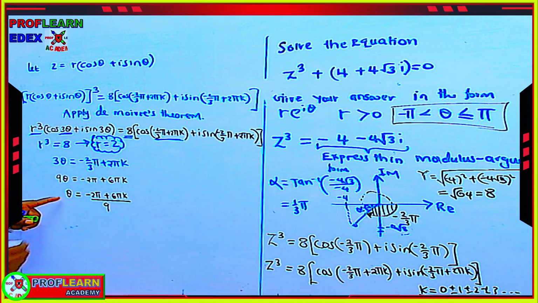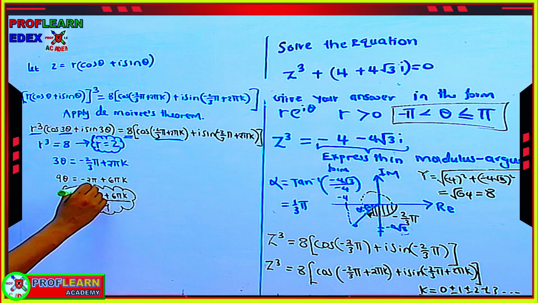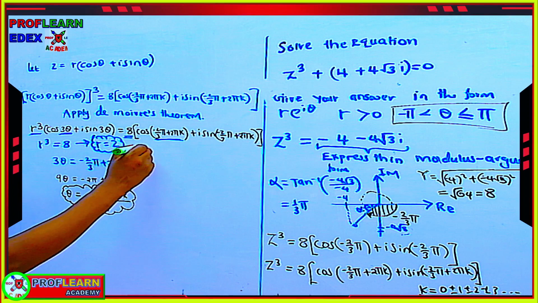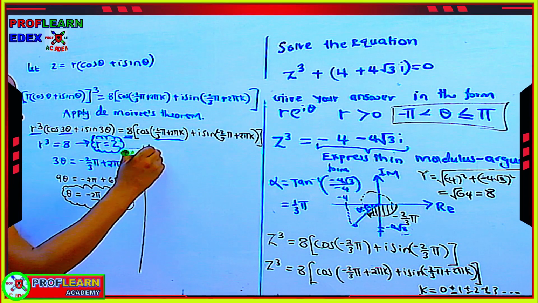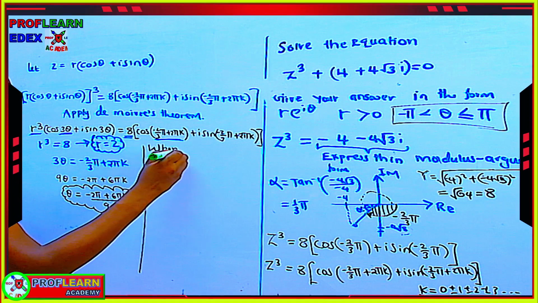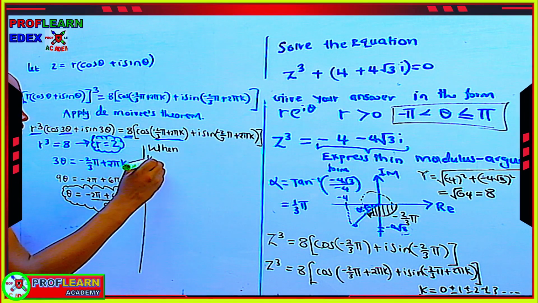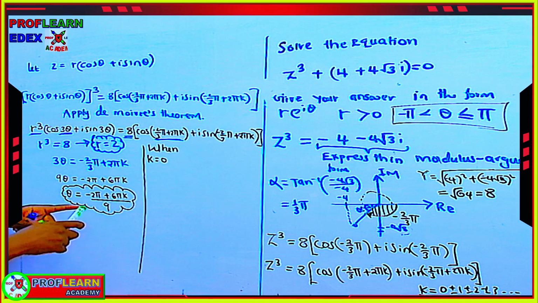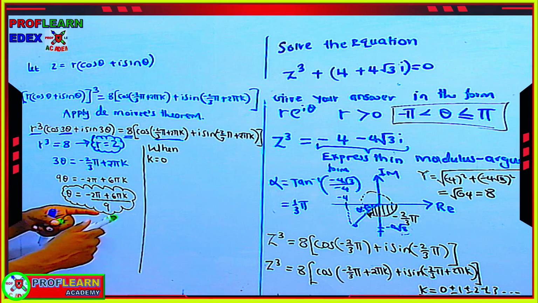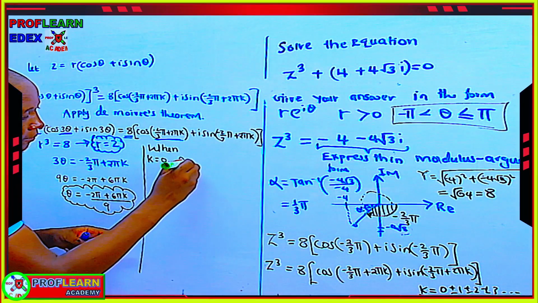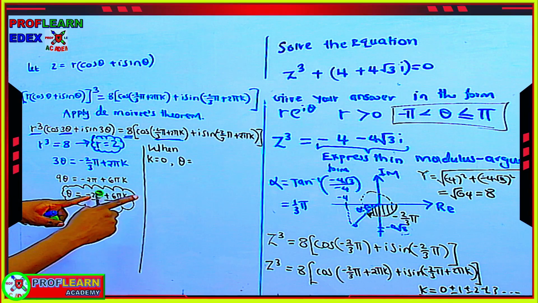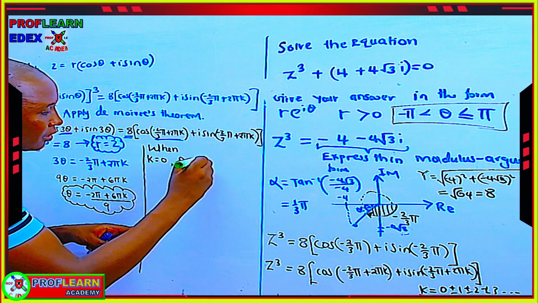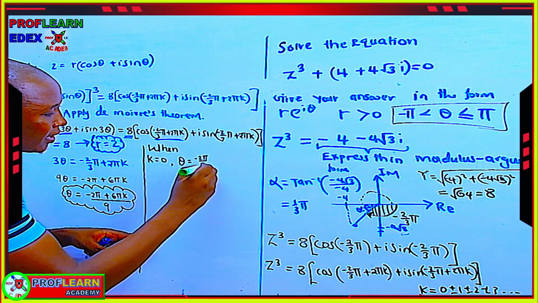So this is the value of theta that we shall be using in order to find different roots, different values of z. Now we shall start by saying when k is equal to 0. When k is equal to 0, what will be the value of theta? 0 times 6 pi will be 0, so theta will be negative 2 pi over 9.